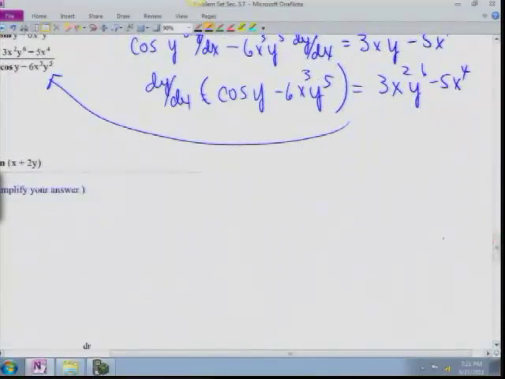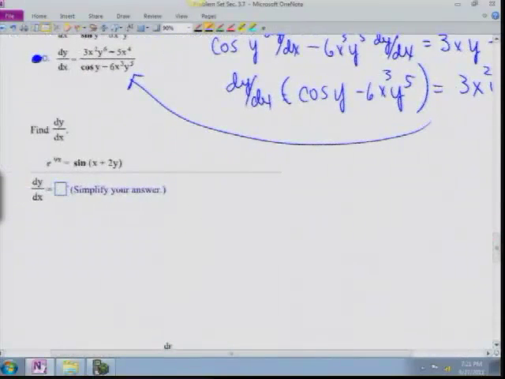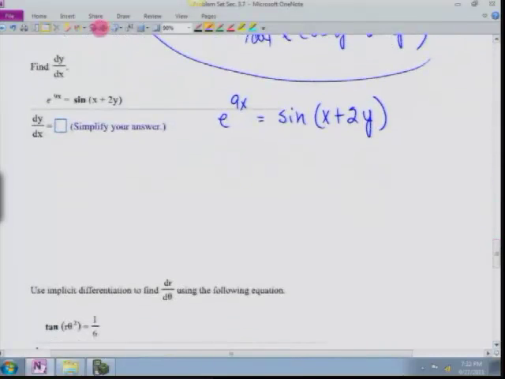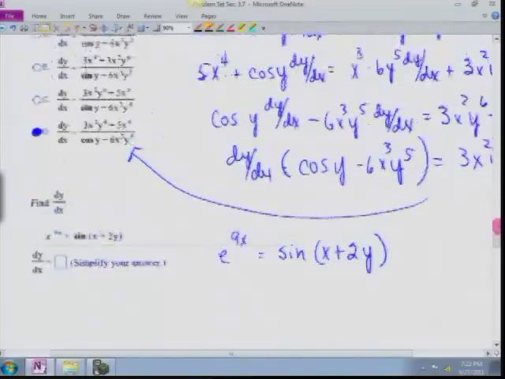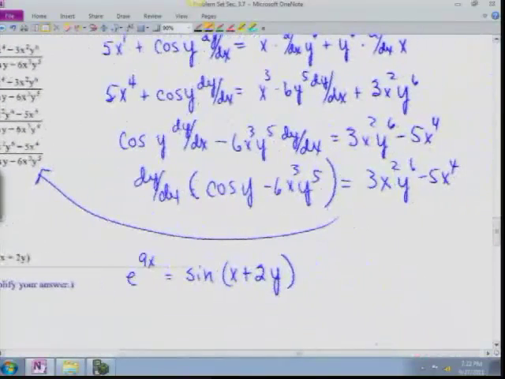Okay, so let's go ahead and go to this one. This one I wanted us to get to because it does have an e. So let's get that one done. e to the 9x equals sine of x plus 2y. Okay. What is the derivative of e to the 9x? e to the 9x times 9.